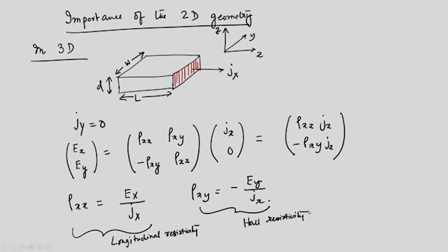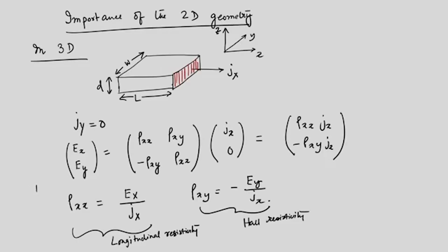Okay. So, once we know this, now we have talked about the resistivities and the resistance. So, these are the resistivities, and these are resistances, and this is equal to Rxx, which is equal to Vx by Ix.